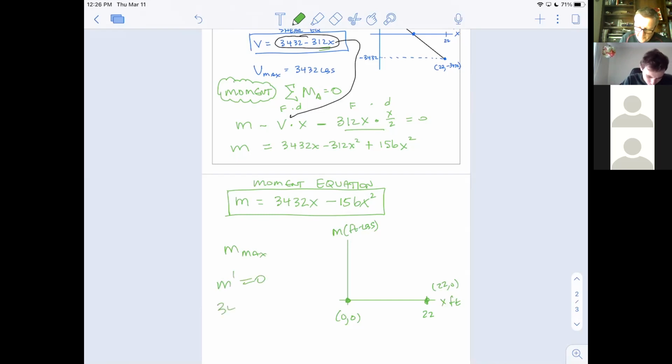M prime would be 3432 minus 312X equals 0. 3432 divided by 312 is, hey, it's in the middle. X equals 11. It's in the middle.